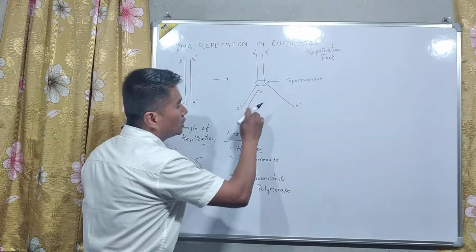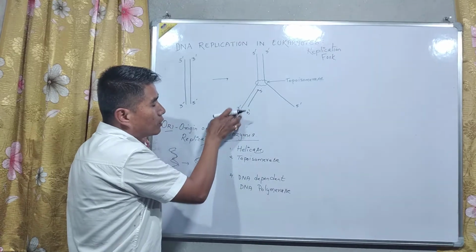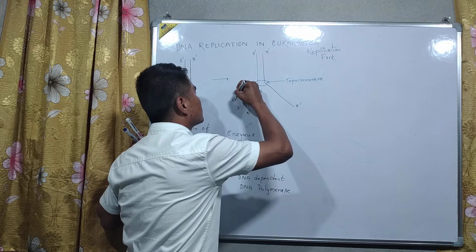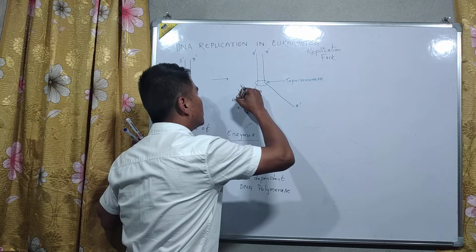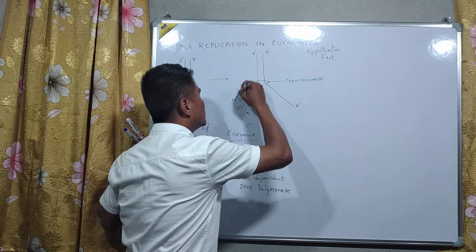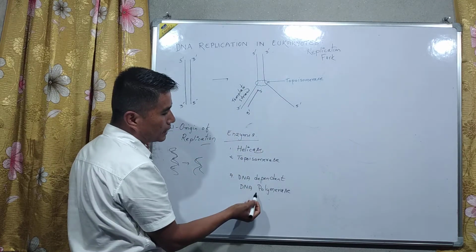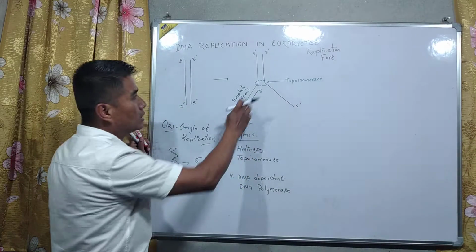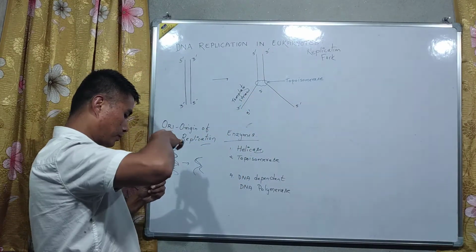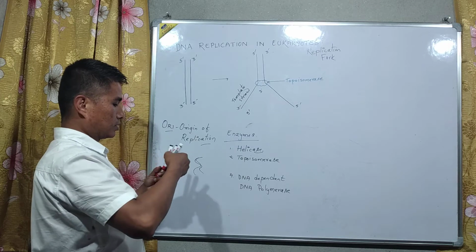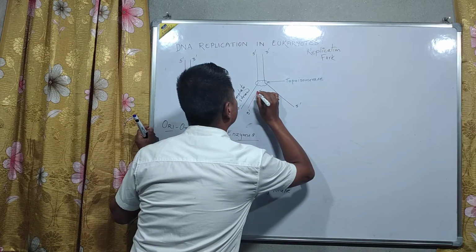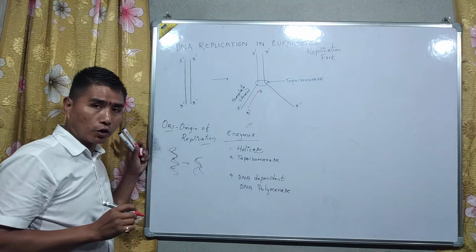See here, this will act as a template strand. And by looking at the template strand, DNA dependent DNA polymerase will form a new strand here. This is the new strand formed.